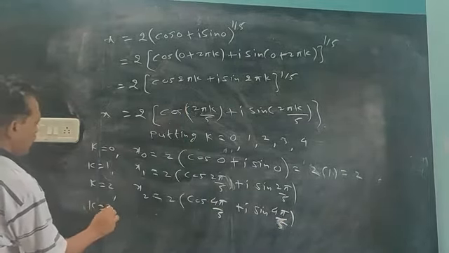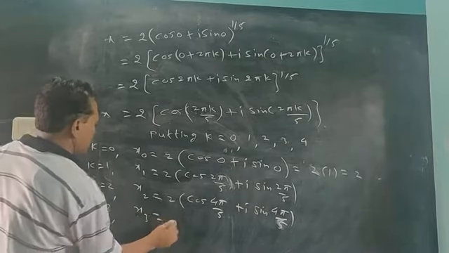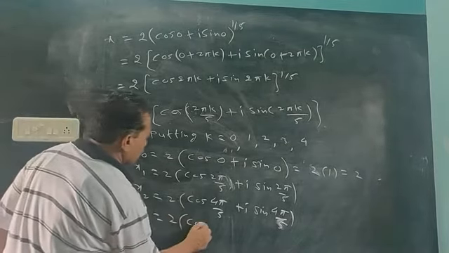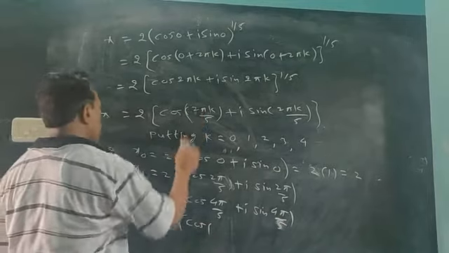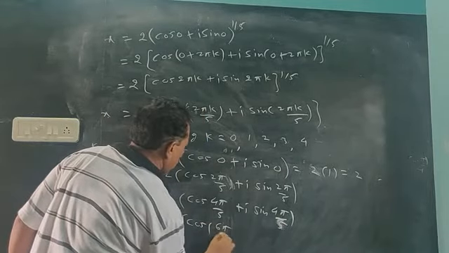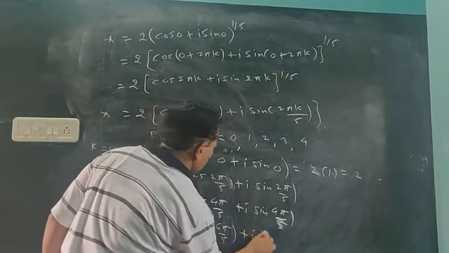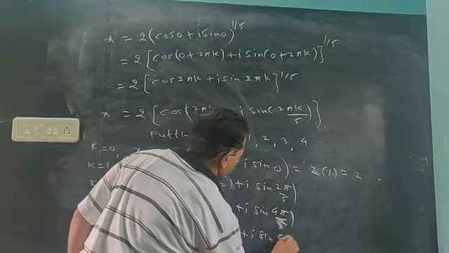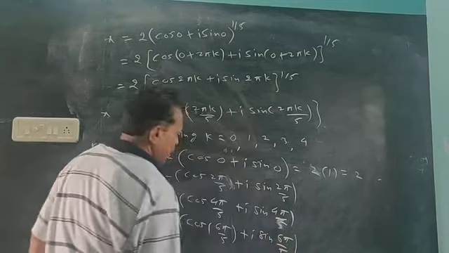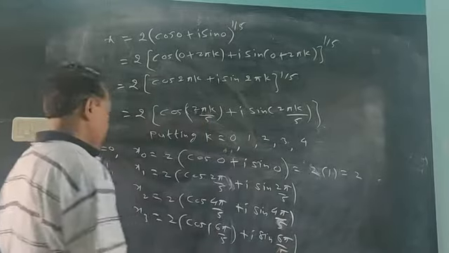K is 3, x3: cos of k is 3, 3 into 2, 6 pi by 5, I sin 6 pi by 5.